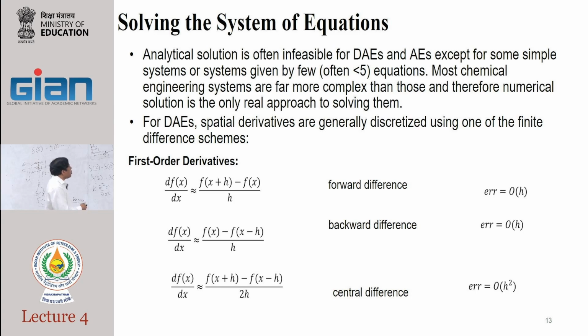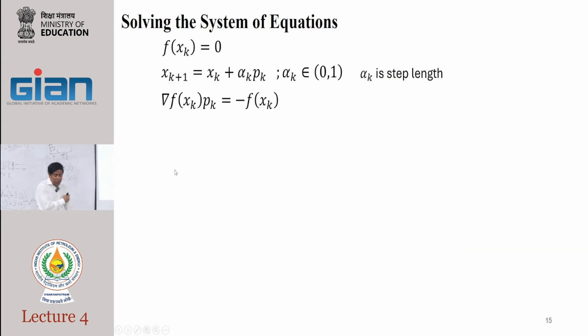Okay, so now how do we solve this? I'm sure in your numerical methods class you have done a lot of this, but I would like to say a couple of things that we have to consider as we move forward. When you solve the system of equations, everything is actually of this form: f of x_k equal to 0, and I want to solve it.